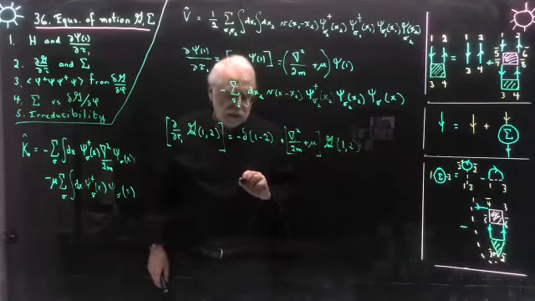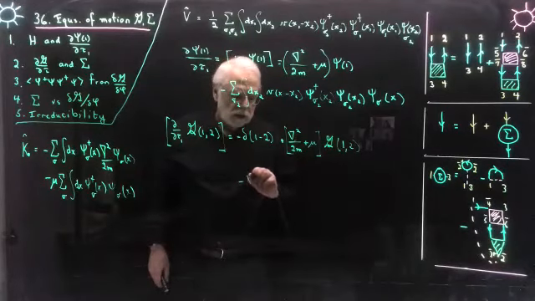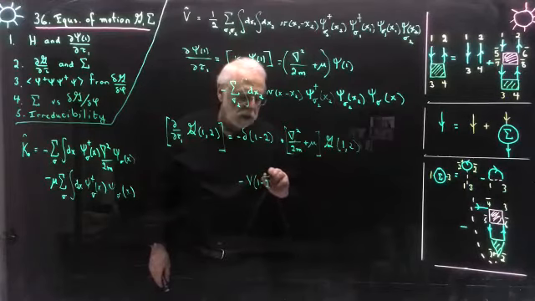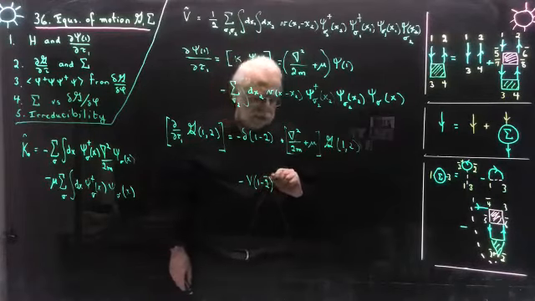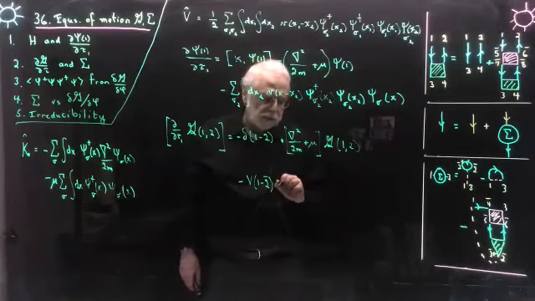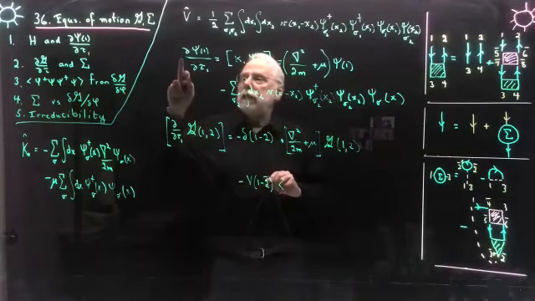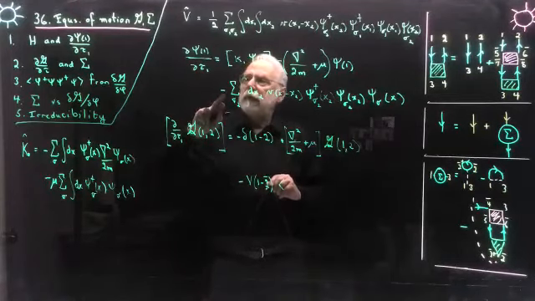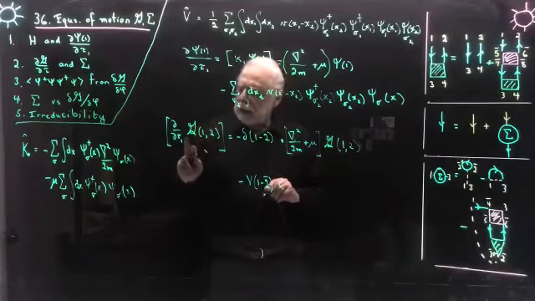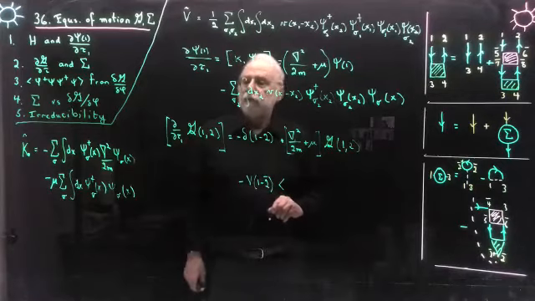So let me write this as minus v of 1 minus 2 bar times, let's see, there's a d tau psi 1, there's a minus sign here, but there's a minus sign there as well, so I think it should be a plus.